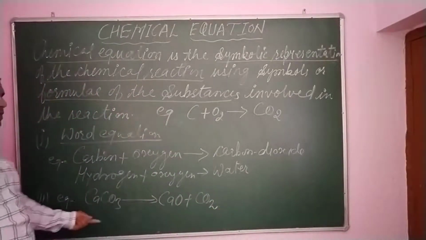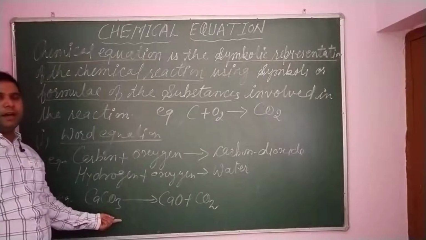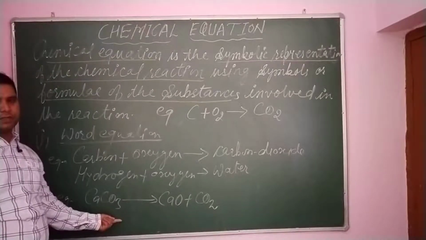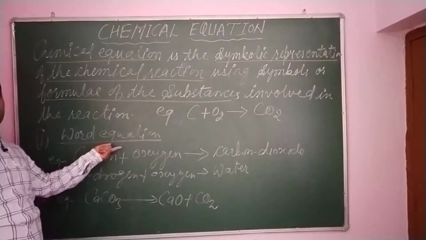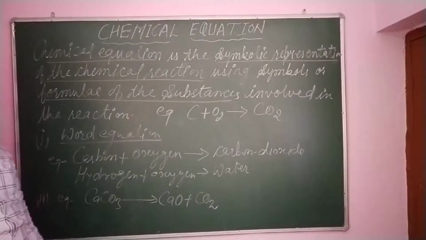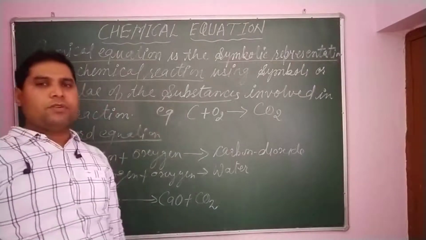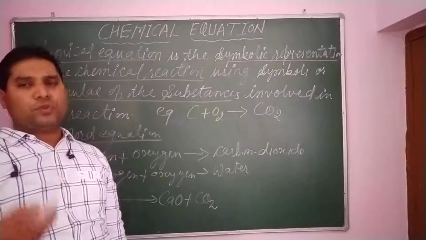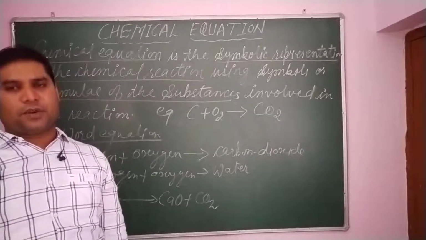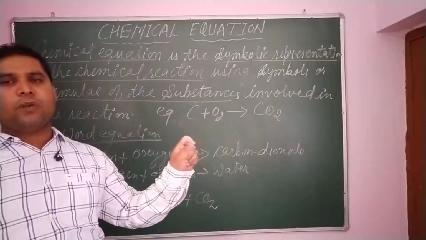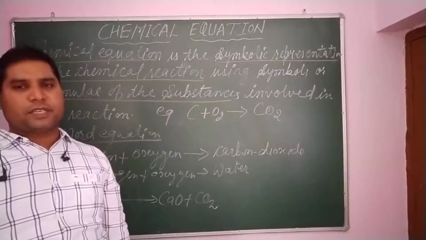So this way it is represented in the form of the chemical equation, dear student. In the word equation you understood it. Now I am going to explain to you how to write the chemical equation. Steps involved in writing chemical equation, dear student.